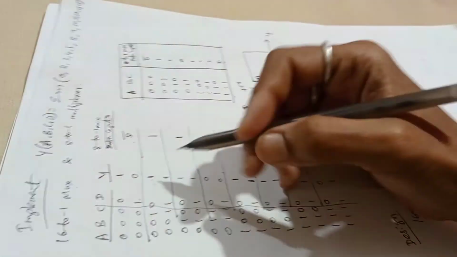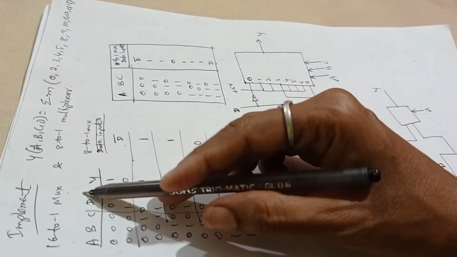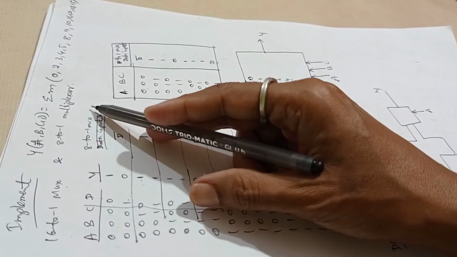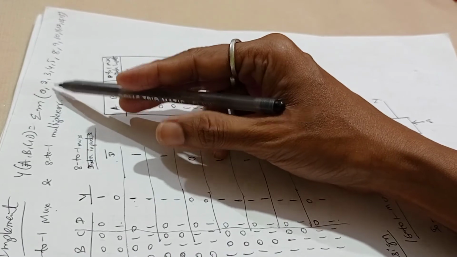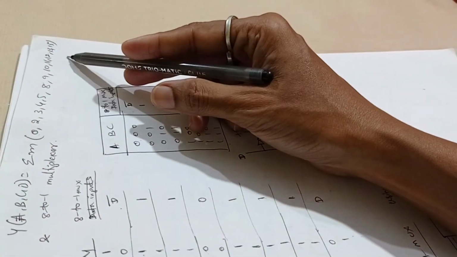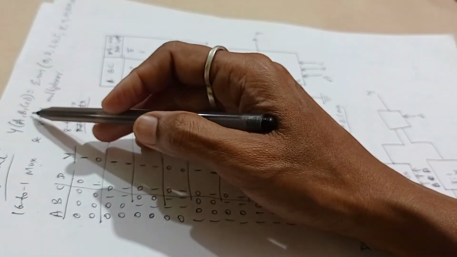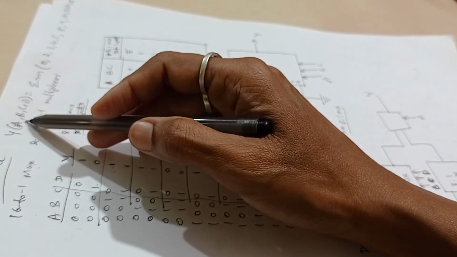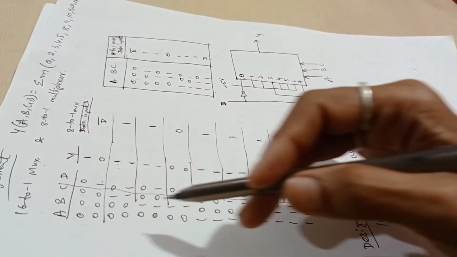Now we'll design a 16:1 multiplexer using an 8:1 multiplexer for a given SOP. The SOP is 0, 2, 3, 4, 5, 8, 9, 10, 11, 12, 13, 15. Here the inputs are A, B, C, D, so write all the combinational values.